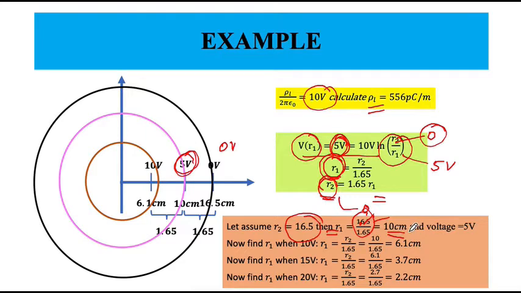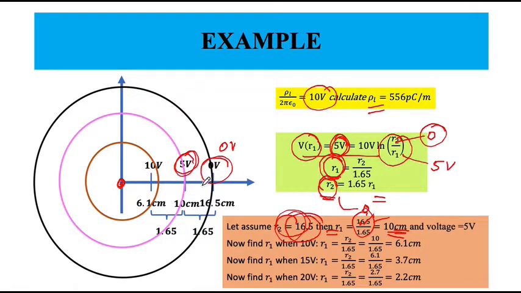Okay, so I am calibrating everything in terms of centimeters. So this is the infinite line charge, and this is my reference point. At some point 16.5 centimeters radial distance away from the line charge, the potential is taken as 0 volt.